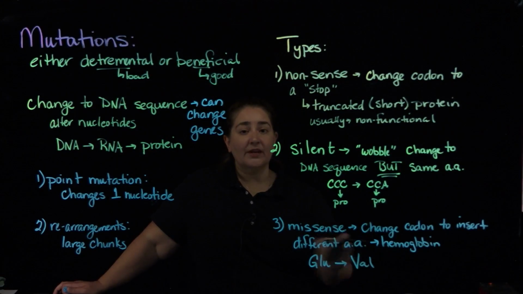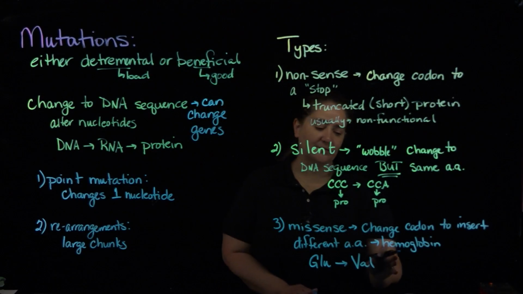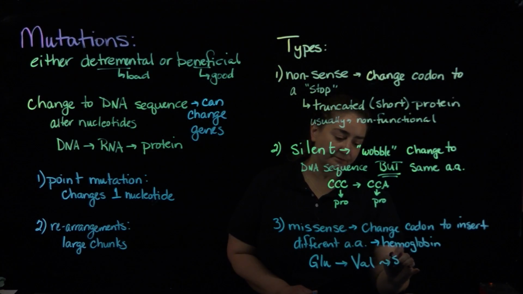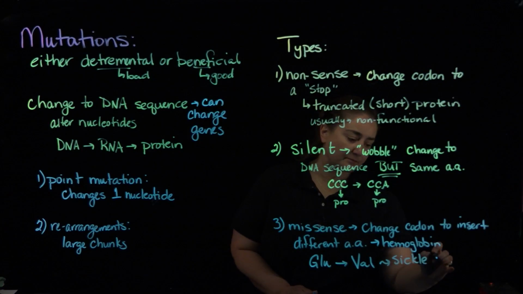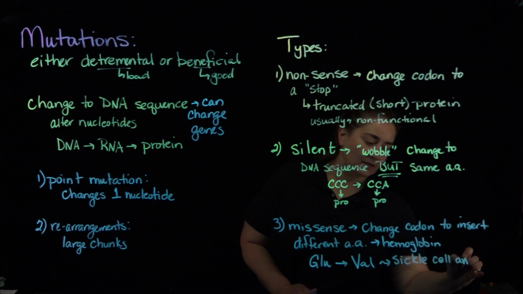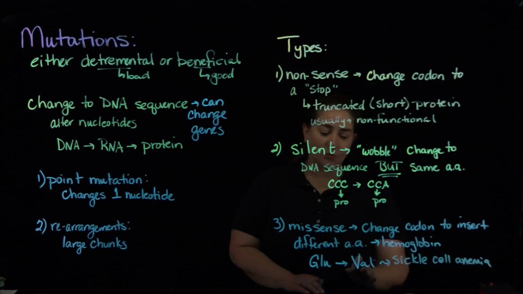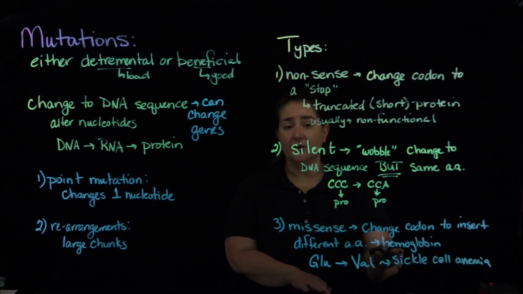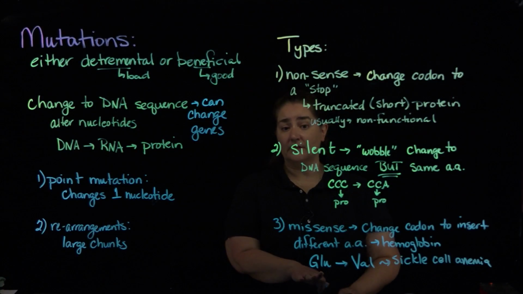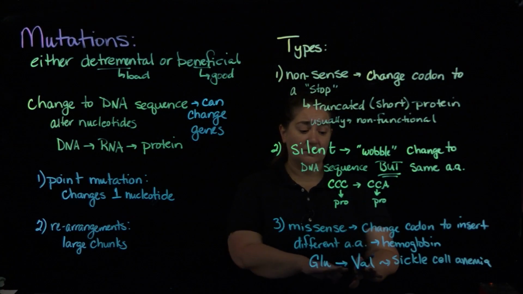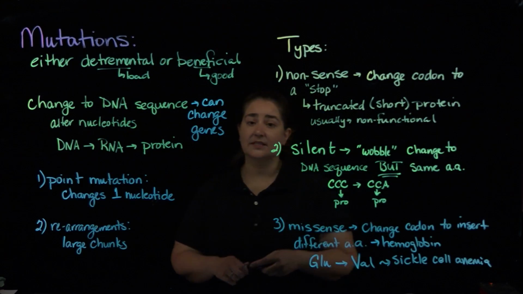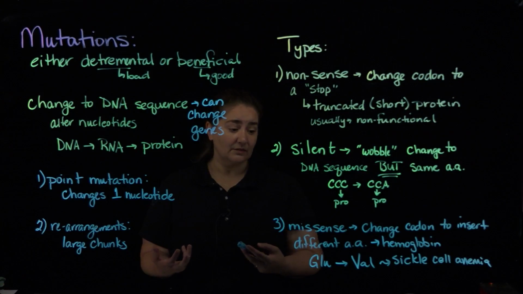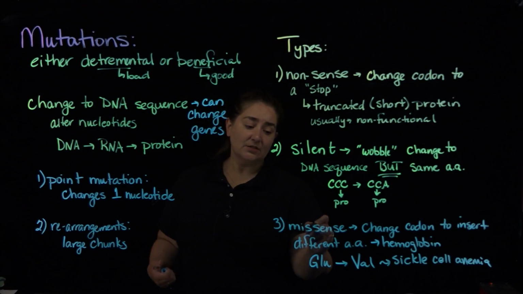So people who have sickle cell anemia have just one single amino acid difference in their hemoglobin versus normal, okay? Changing out that glutamate for valine results in a protein that doesn't work quite the way it's supposed to, okay? So that's our missense mutation.